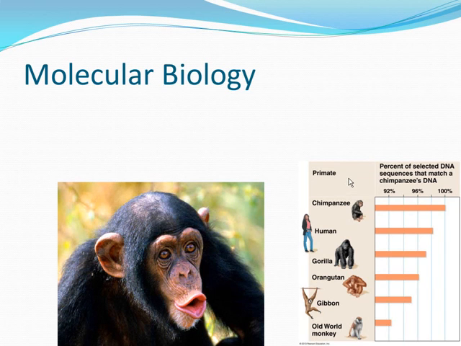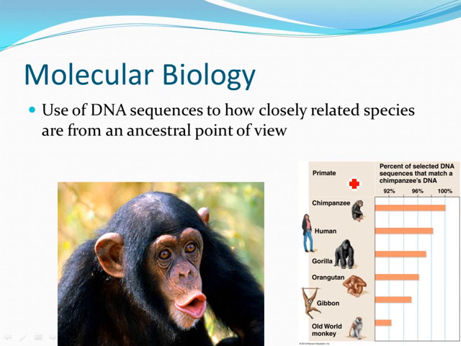Finally, we have molecular biology that helps support evolution. One is the use of DNA sequences. We use the DNA sequences of different species to see how closely related we are with those species, so how much a DNA sequence matches up with another species' DNA sequence.